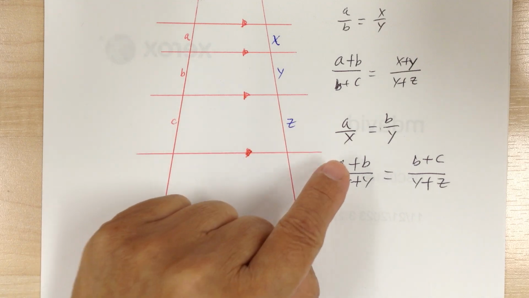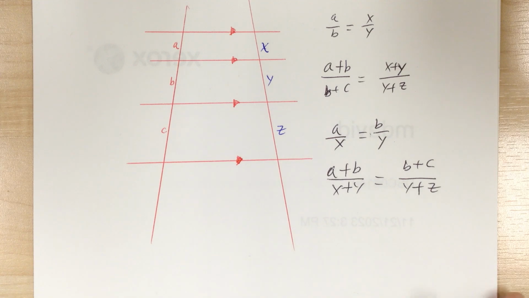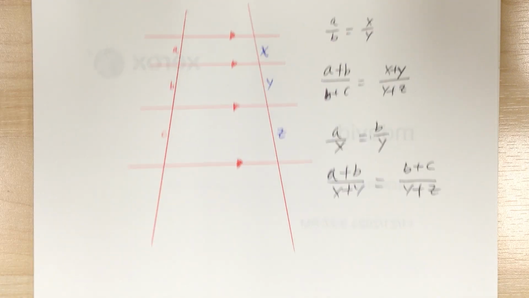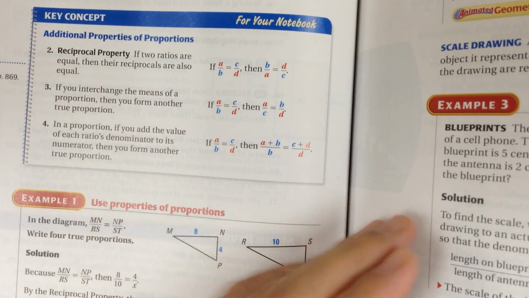Whatever you have on this side, you have to match exactly on the other side. Then all the equations will be valid. That's what this one right over here is talking about: you can add anything to it as long as you match it up.